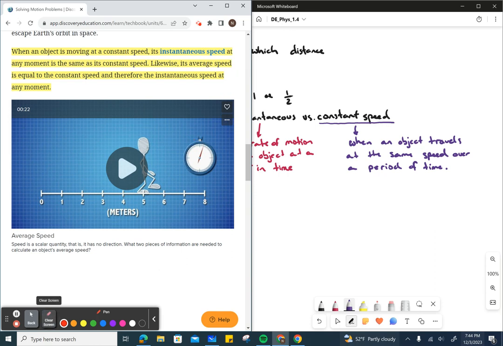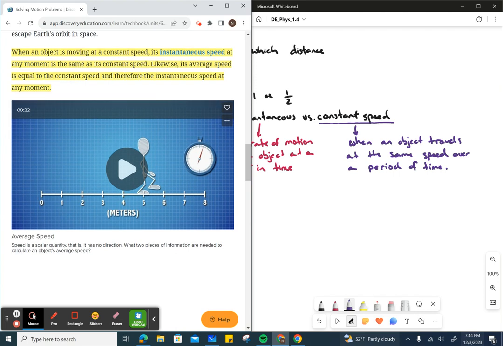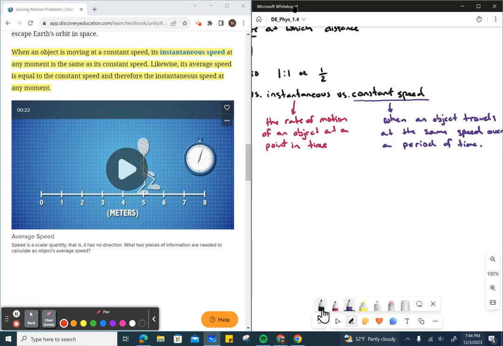Let me clear the screen there. I'm going to have to write with my finger here. We'll just write it over here.